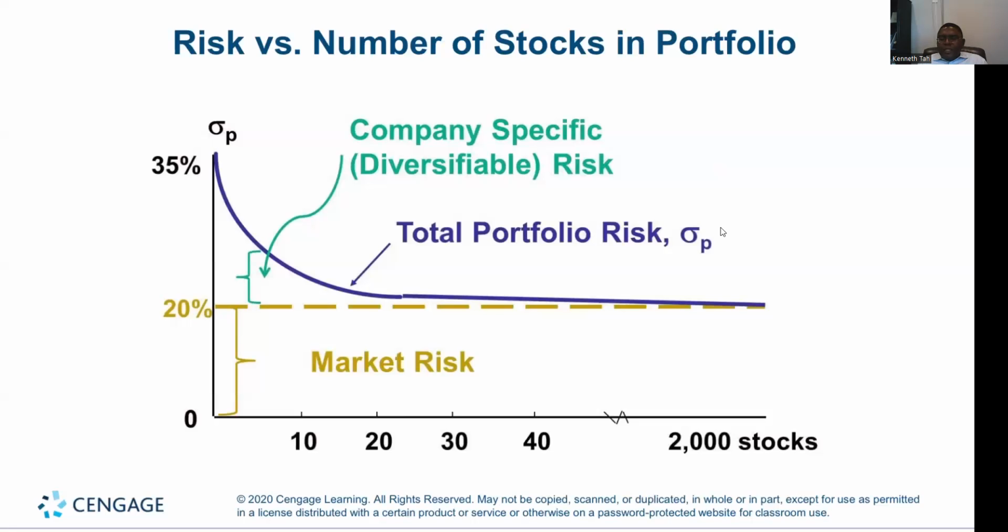We have market risk or systematic risk. This kind of risk cannot be eliminated from the market. It cannot be eliminated through diversification. So that means total risk is equivalent to company-specific or diversifiable risk plus market risk, or what we call systematic risk.